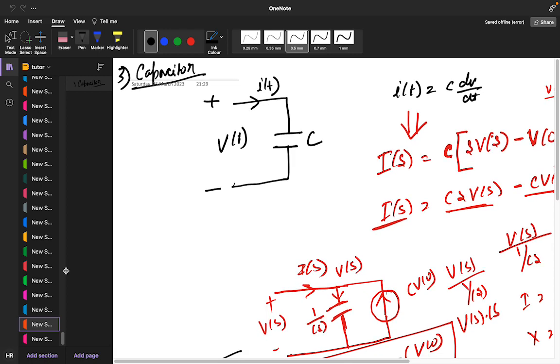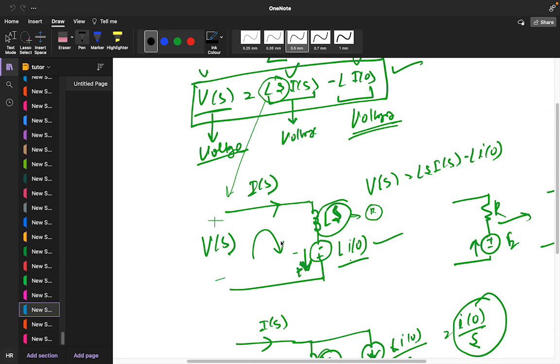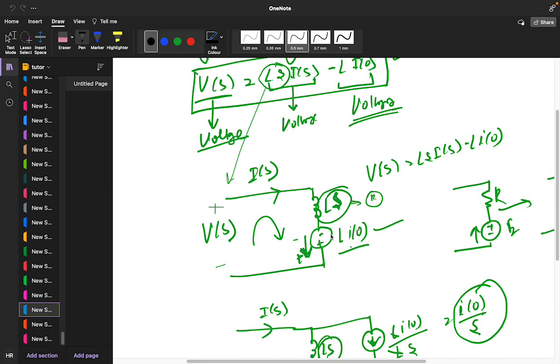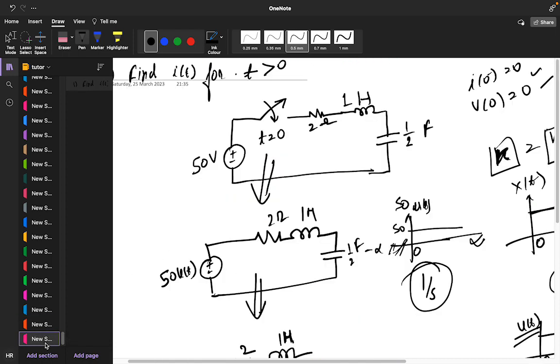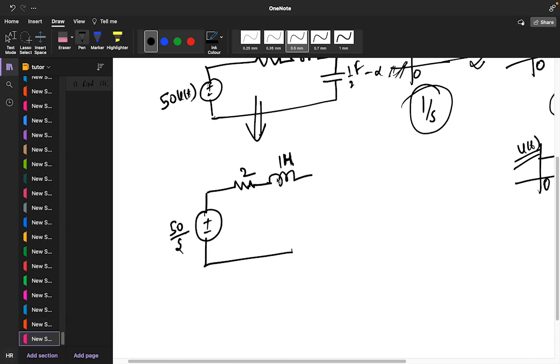Now I will tell you the Laplace transform of these. We had already seen the Laplace transform of an inductor is Ls minus L of I of 0, so Ls and some potential is coming. Let me write it like this: Ls plus L of I of 0.